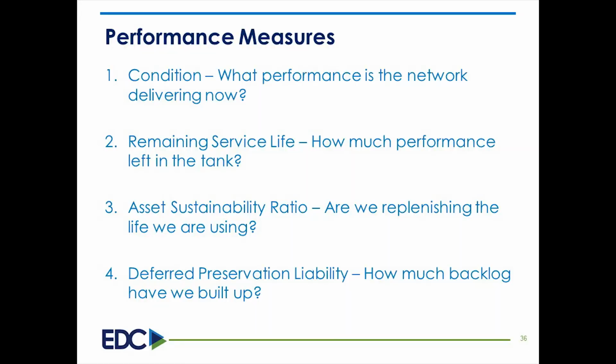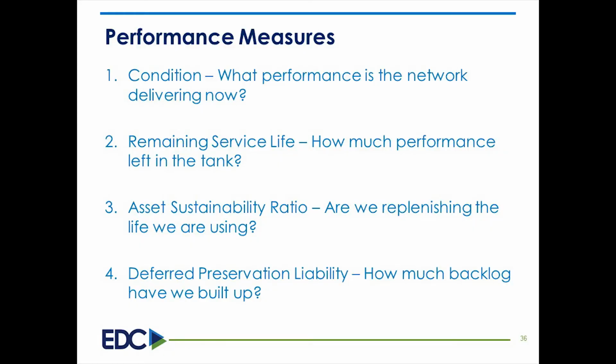So in monitoring all this with performance measures, the first one, condition, is one that is very uniform. This is in MAP-21. But we really needed a better way of explaining. We developed these measures when we were trying to get some more money from the legislature and really trying to figure out how we can better explain the situation of our system without just using condition.